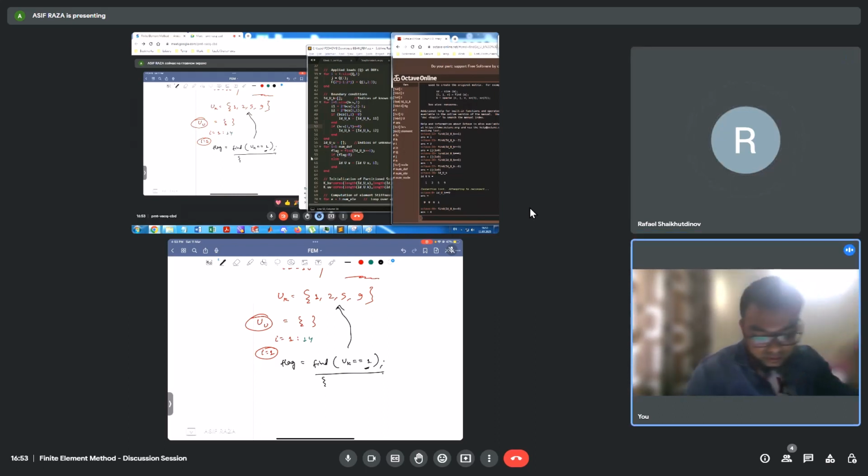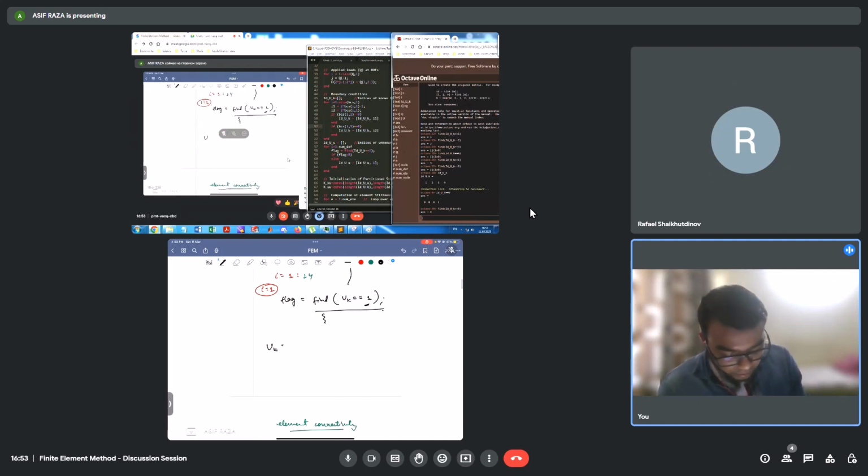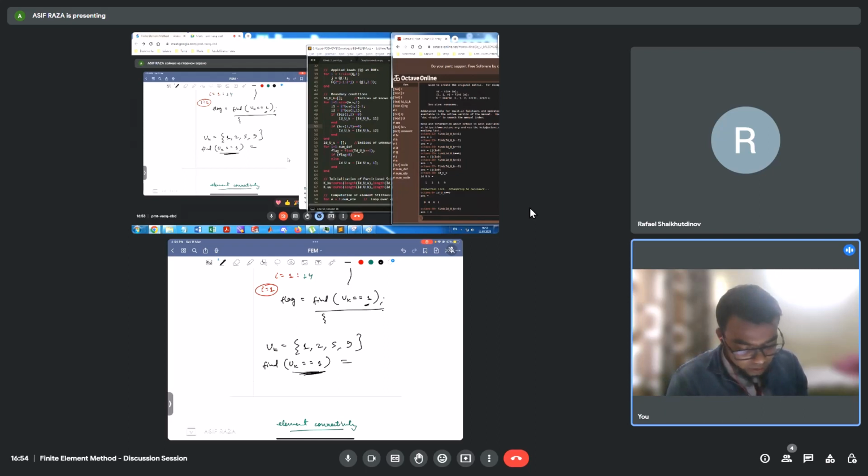UK had values 1, 2, 5, 9. When we search find UK equal to 1, it checks whether 1 is there in my UK, and find gives me the index where the value is 1, so 1.